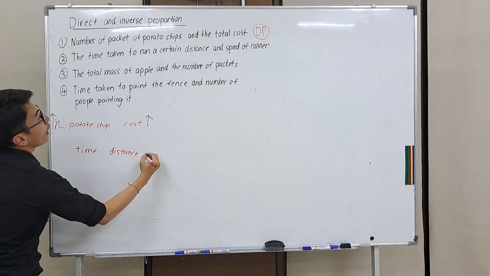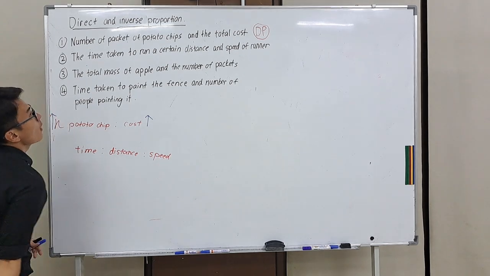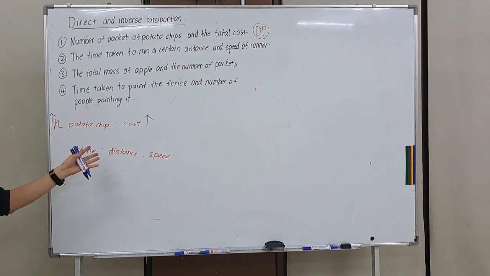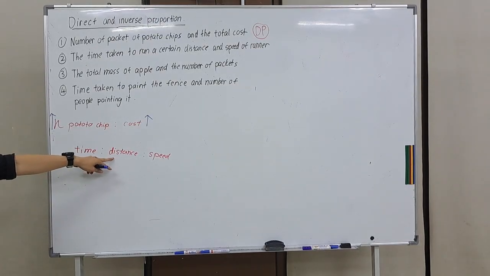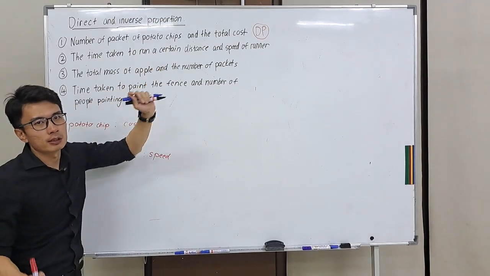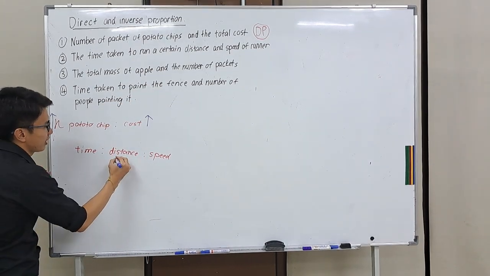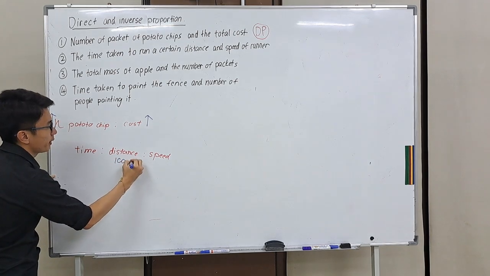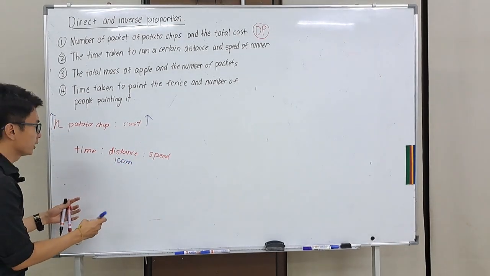What else do I have? I have the speed. So what do you think this is, direct or inverse? Now over here, because they said a certain distance, let's fix the distance. Let's just say this is a 100-meter dash. If we fix the distance, that's our constant.